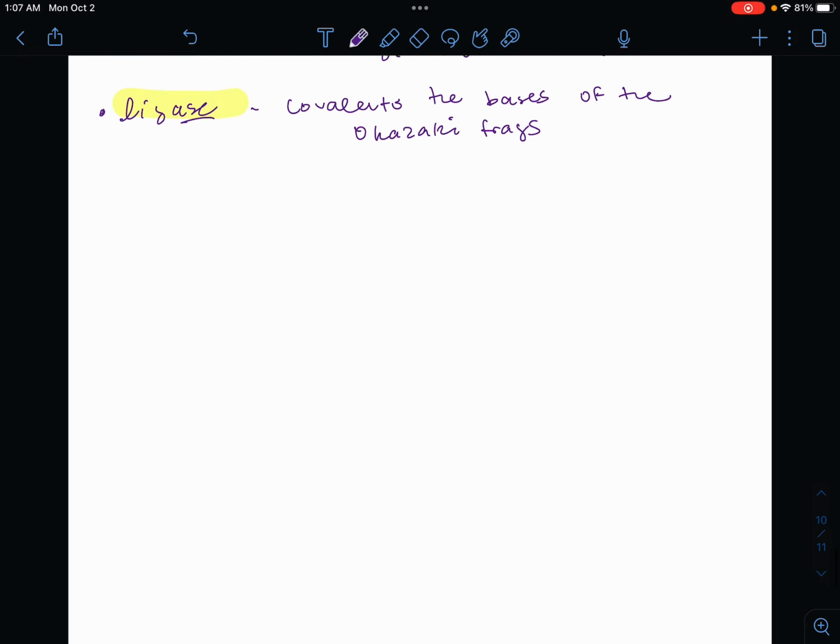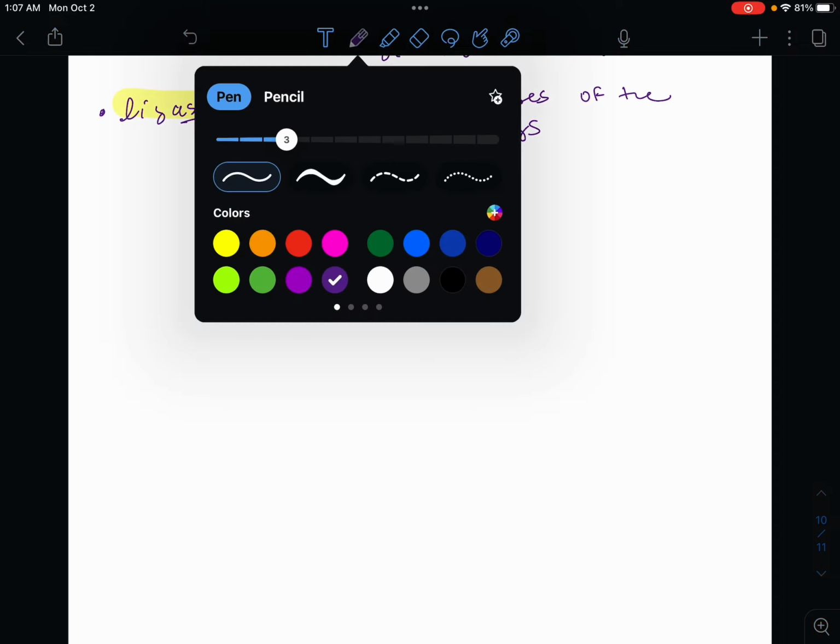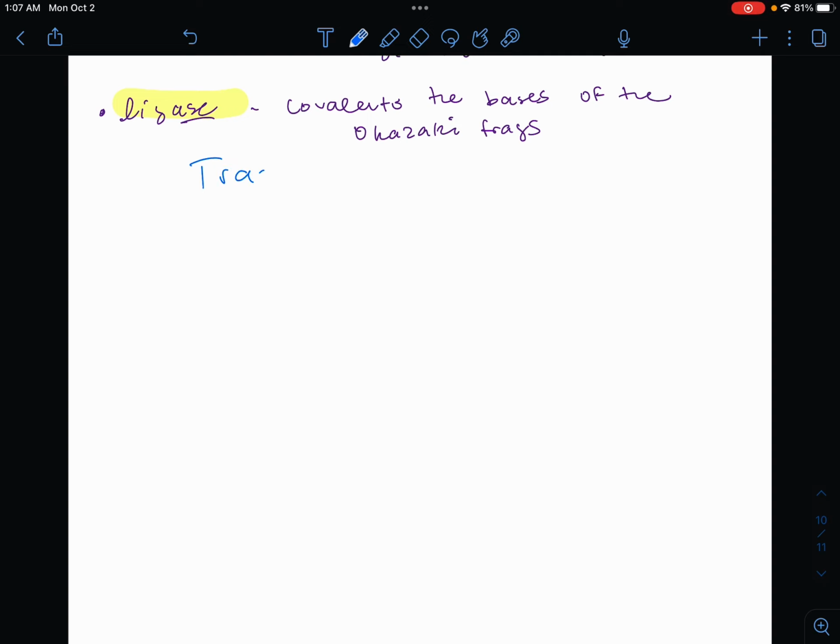Alrighty, now let's talk about bacterial transcription. For time purposes, we're going to just call it TRXN. So this again synthesizes 5' to 3'.